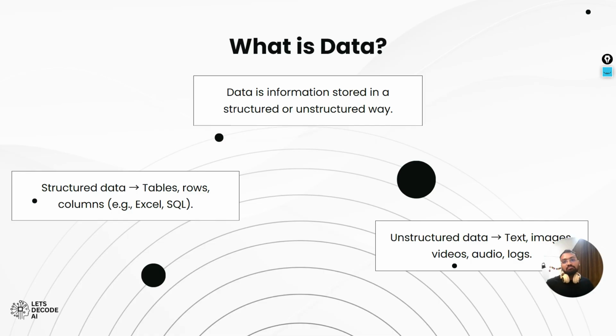It could be maybe a YouTube video, or a post on Instagram, a paragraph or a text from a blog post which is very big, or maybe some tweets on Twitter, right? My audio, my video feed, all of these different form of data which cannot be arranged in form of a table is called as unstructured data.